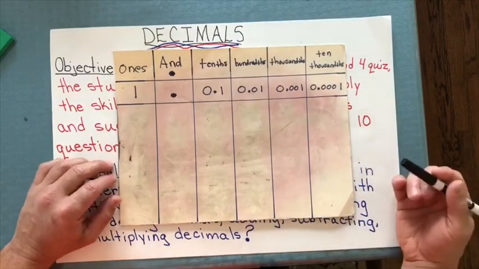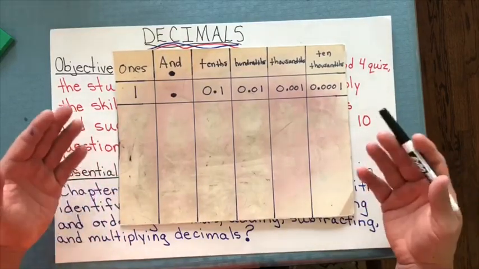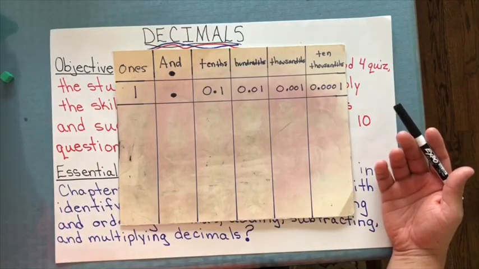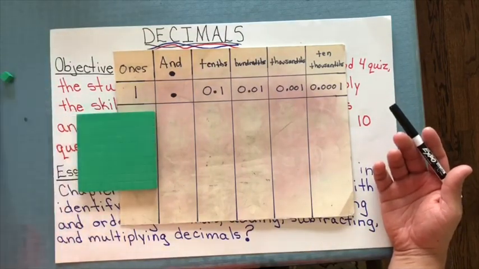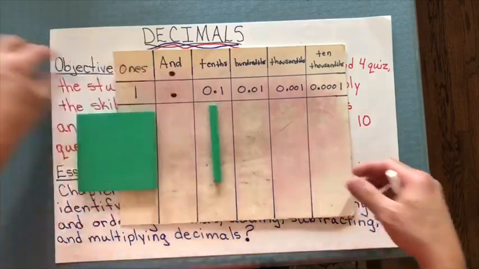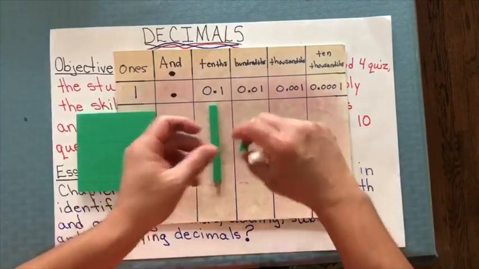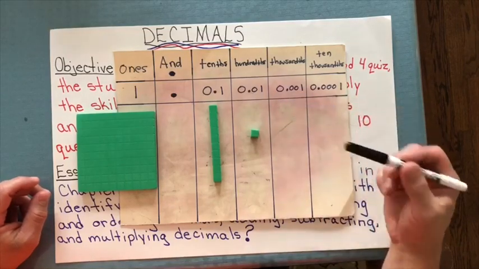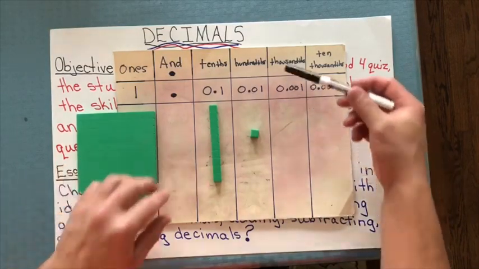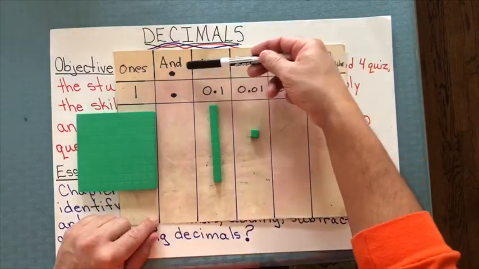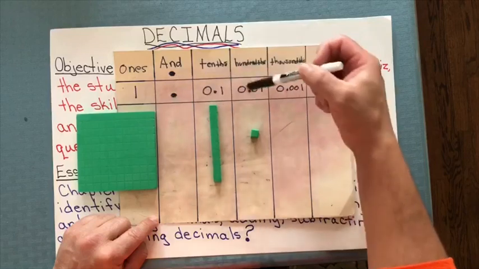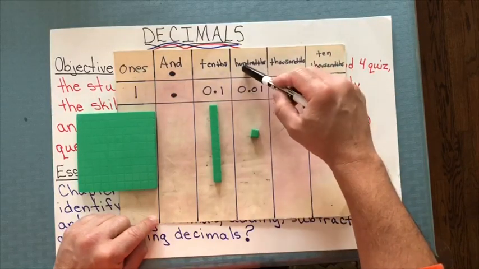All right. So probably the best way to model the values of these numbers is to show you base 10 blocks. We have ones, we have tenths, and we have hundredths, and I don't have anything small enough to represent thousandths. But you notice that as you move to the left of the place value chart, the values are getting bigger. Actually, they're getting 10 times bigger.